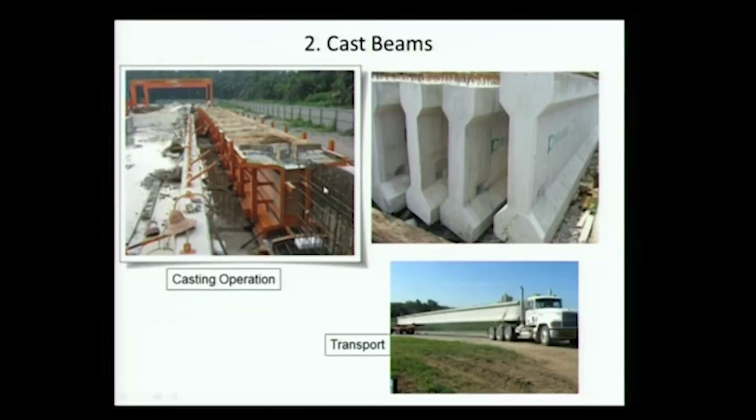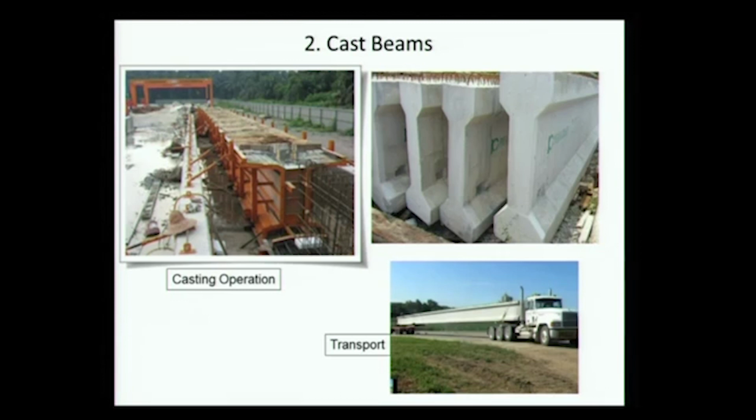It's similar. So here you can see a casting bed. Again you have reinforcement, you are going to pour concrete, wait for it to set, remove the formwork, and land up with a beam, an I-girder, something like this. The I-girder is then transported to the place and lifted in place as a part of the bridge structure.